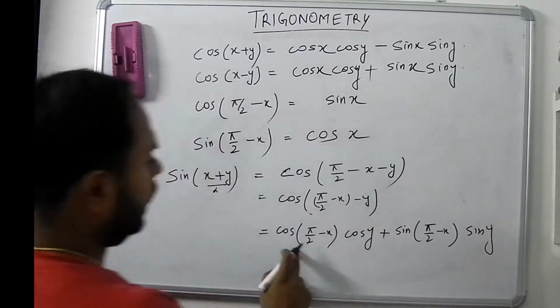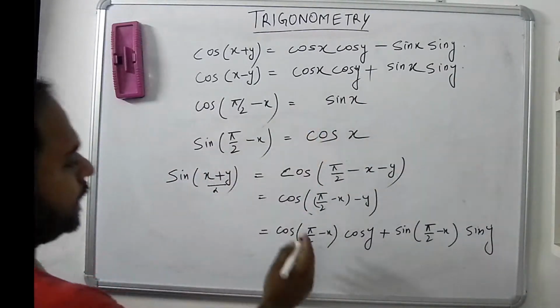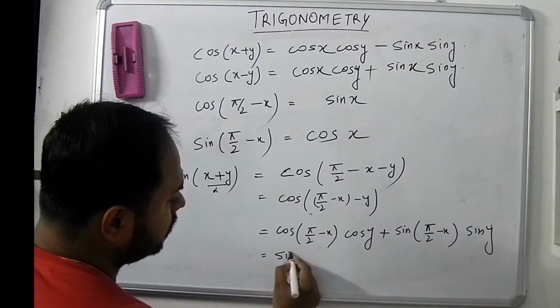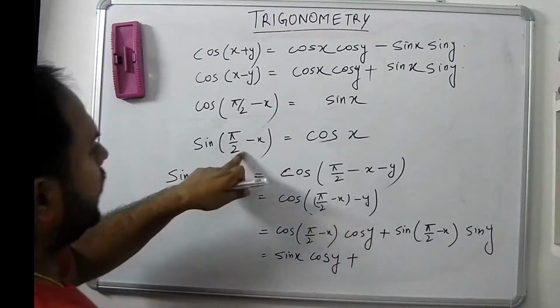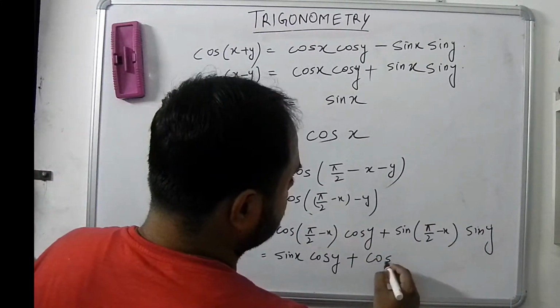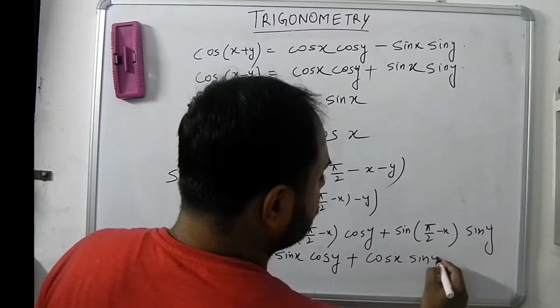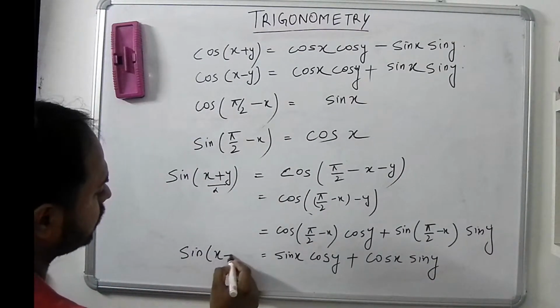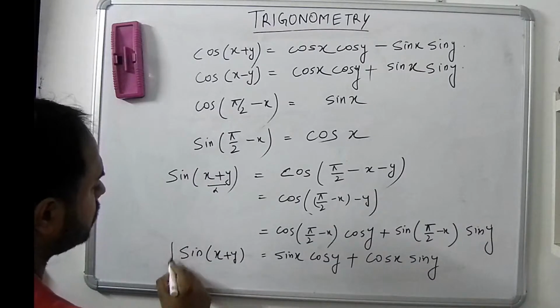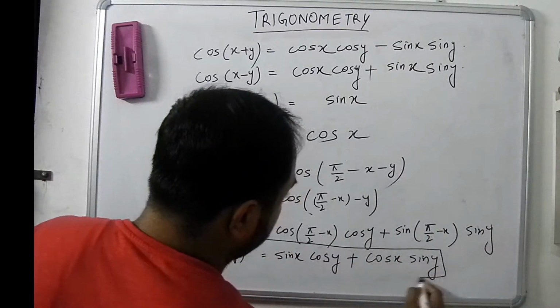Now I know cos pi by 2 minus x is sin x, so this is sin x cos y, plus sin pi by 2 minus x is cos x, so plus cos x sin y, right? This becomes another identity. This is very important. This is the formula for sin x plus y now, right?